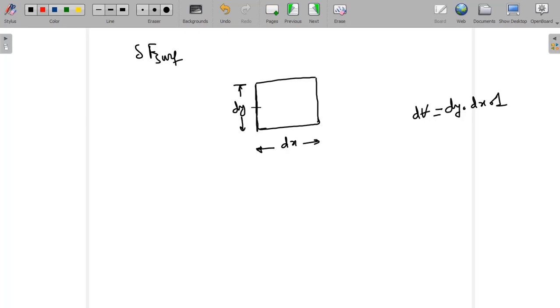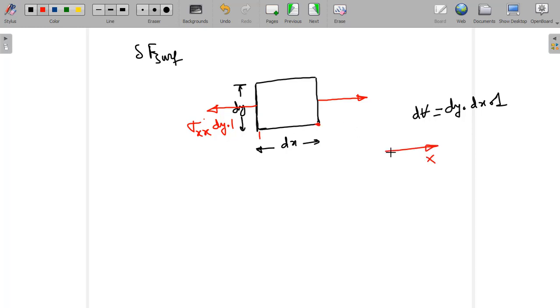So first see what are the normal stresses acting. Definitely the normal stress along the x direction, you see this is sigma xx. So what is the corresponding surface force then? This stress multiplied by the area. What is the area? Area is dy into 1. This is the area on which it is acting, dy multiplied by 1. And what is the stress here? If sigma xx is at this point, then what will be the stress at a distance dx along the x direction?